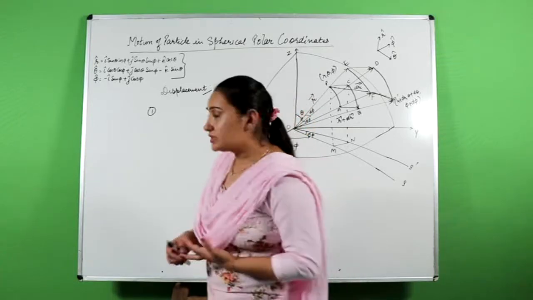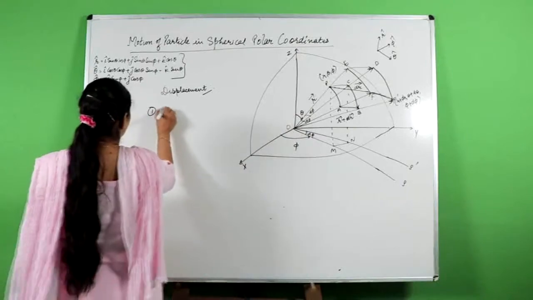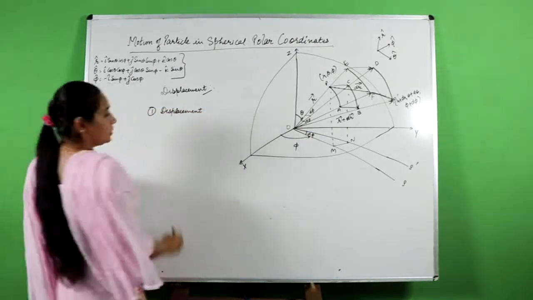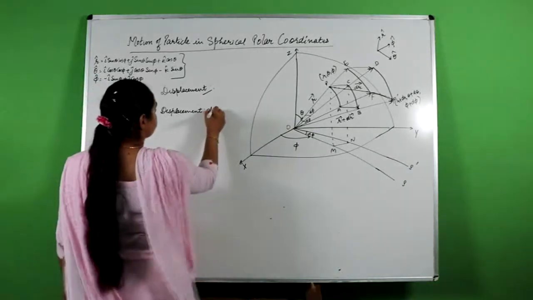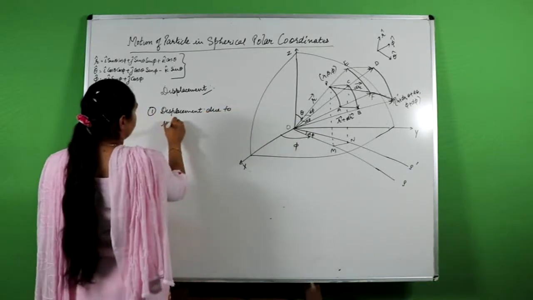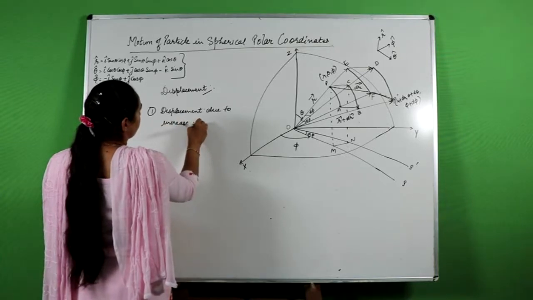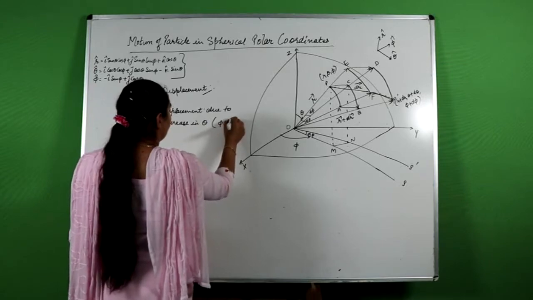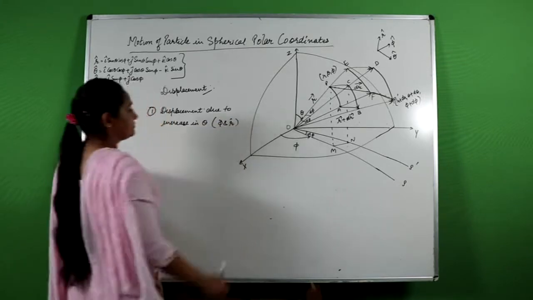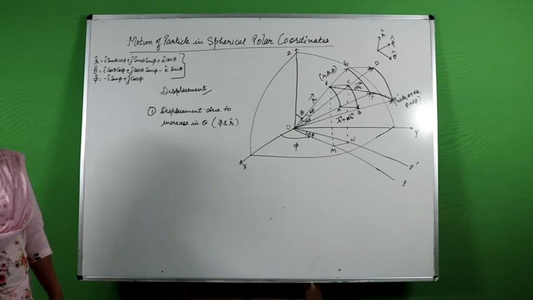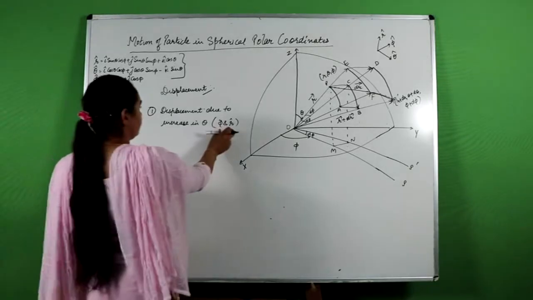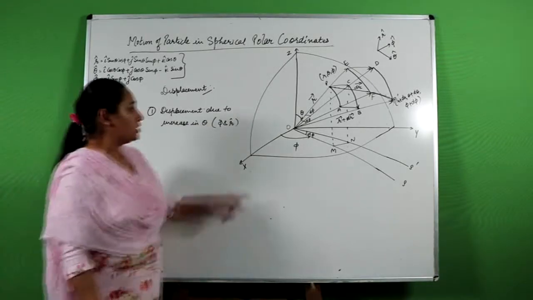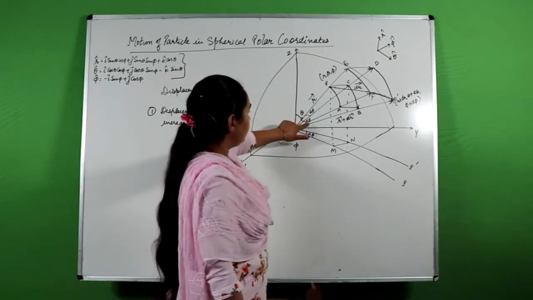So the component of displacement due to increase in theta, when phi and r are constant, means two coordinates are constant and only the theta angle is changing, so d theta is changing.